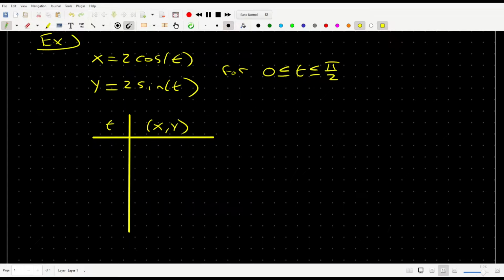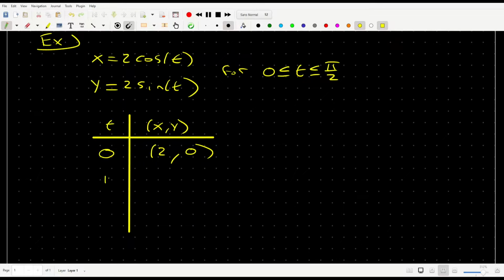And we see that we have the first value, 0. The point is going to be 2 times cosine of 0, which is 2 times 1, or 2. And then the y coordinate of the point is going to be 2 times sine of 0, or 0. We'll do the midpoint of this region as well.